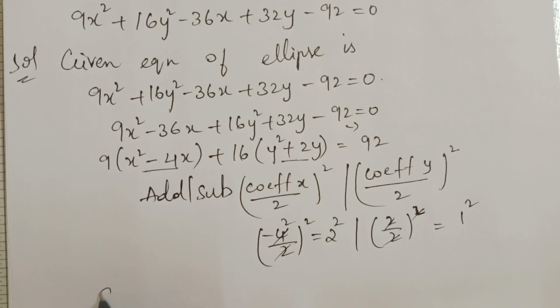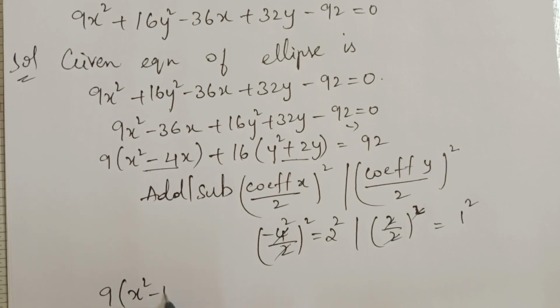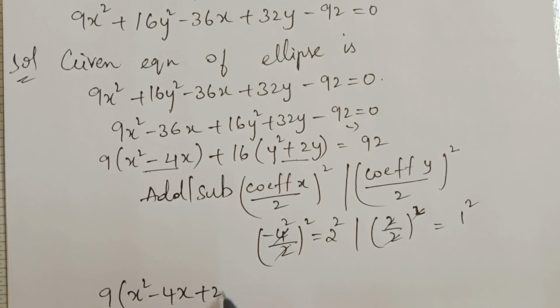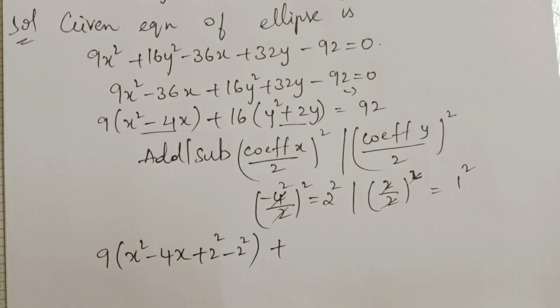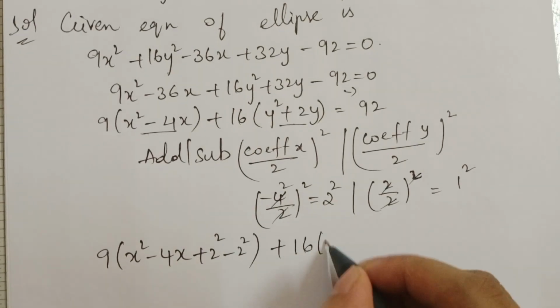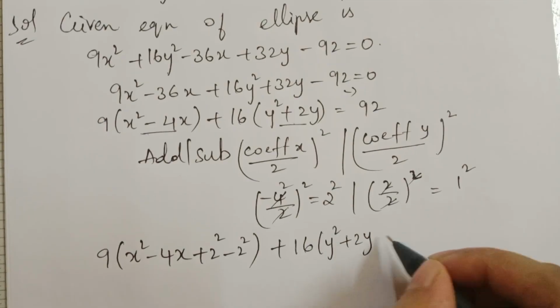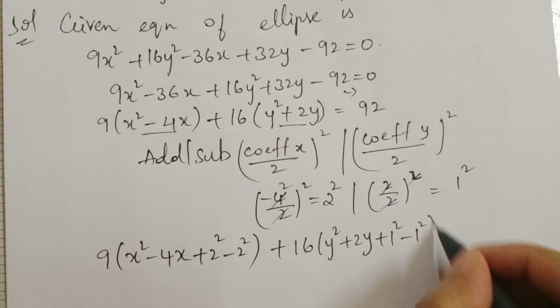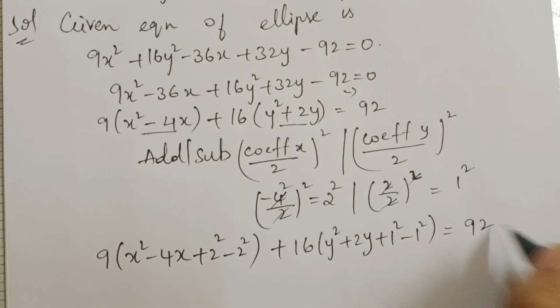So it is 9 into x square minus 4x plus 2 square minus 2 square, plus 16 into y square plus 2y plus 1 square minus 1 square, equals 92.